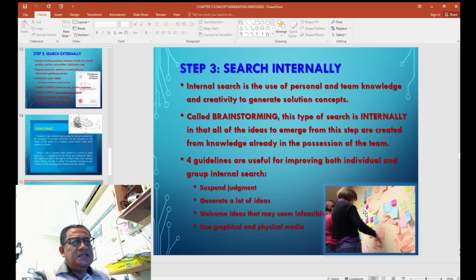This type of search is considered internal, in which you are dealing with the internal designers, internal electrical engineers or electrical product designers, in order to come up with methods and techniques to solve the problem and produce a new product.